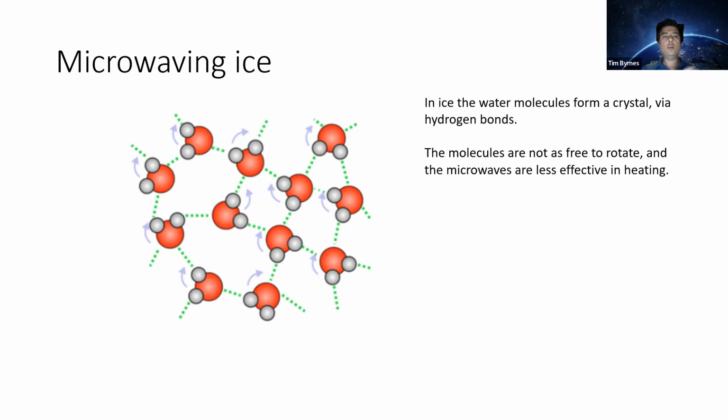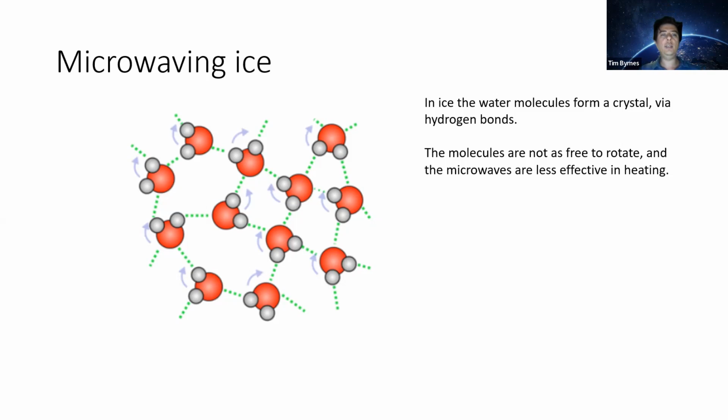Because the water molecules are not very free to move around, they have to fight against being locked into place by these mutual ionic bonds. The rotation doesn't happen very easily, and they're locked in place, so they don't have much opportunity to bump into neighboring atoms and give them the kinetic energy.